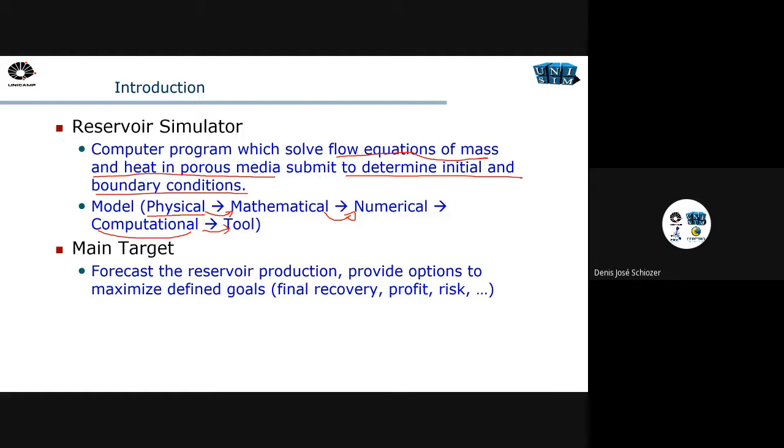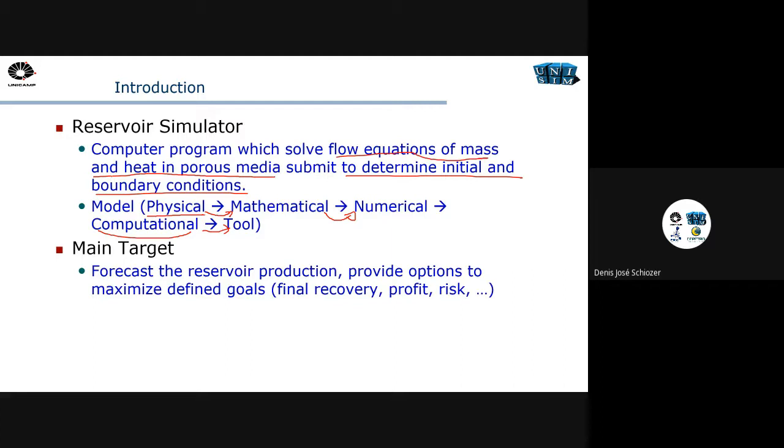Sometimes the heat. We are not talking a lot about one of the simulations that we have here, which is the thermal simulator. In several places of the world, the thermal simulations are important because we have differences in temperature, for example, when we are injecting a fluid that's hotter, or changing the temperature of the reservoir and so on.